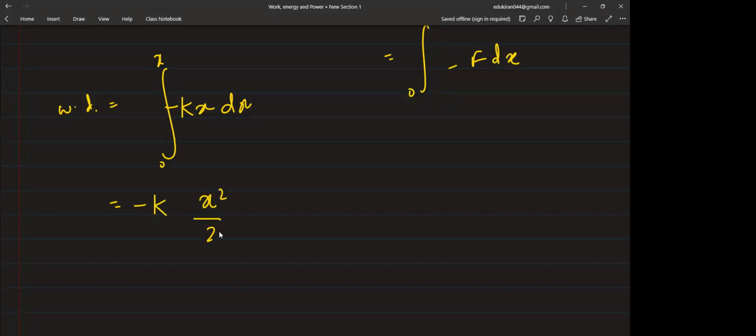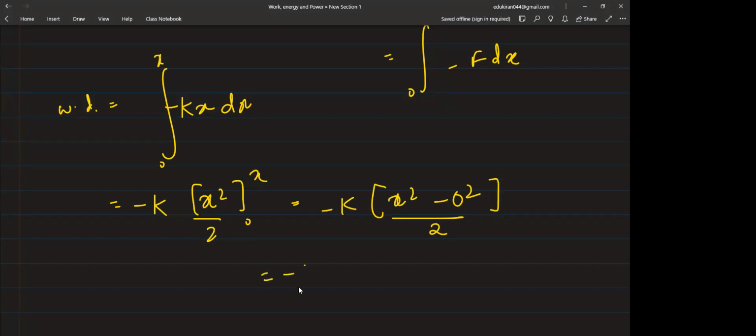This becomes x square by 2 from 0 to x. So if you put in the values, first x square will come, minus 0 square by 2. So what are we left with? Minus half kx square. All right, minus half kx square.